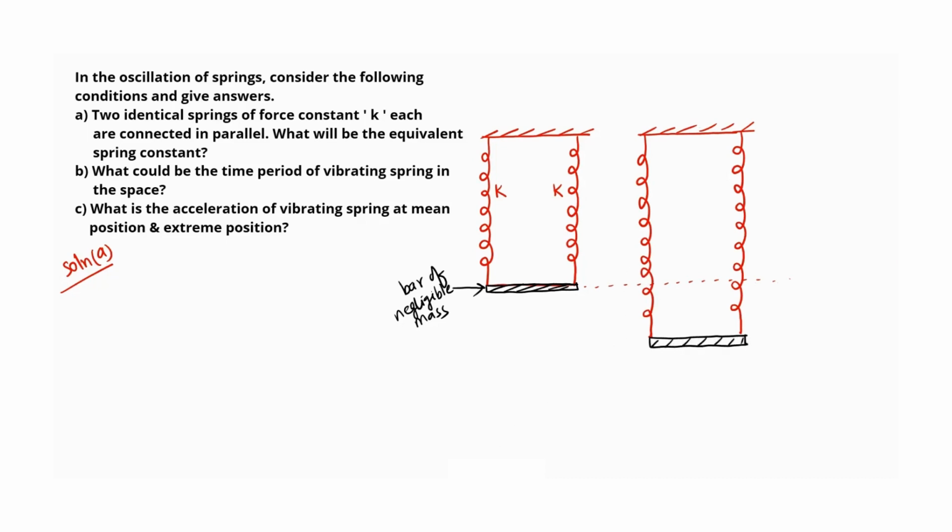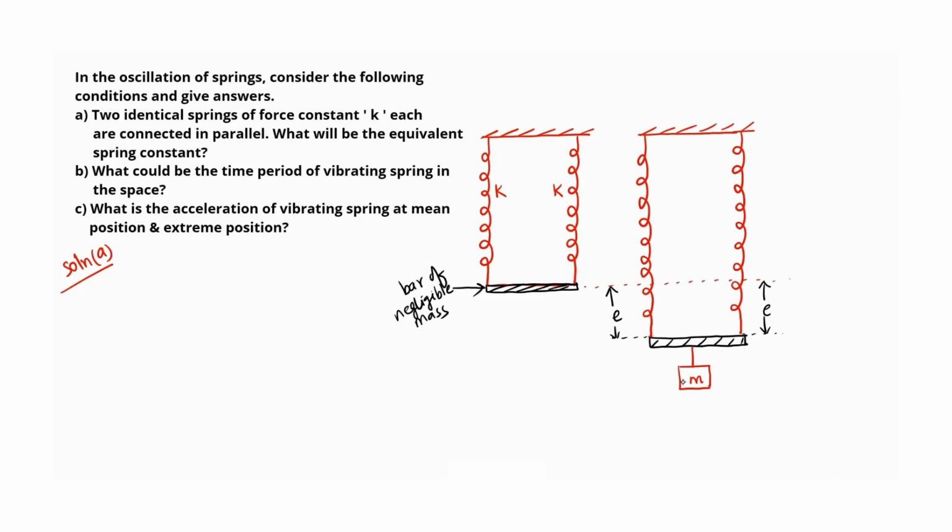Now, let E be the extension produced on each spring when a mass M is attached, as shown in this figure.